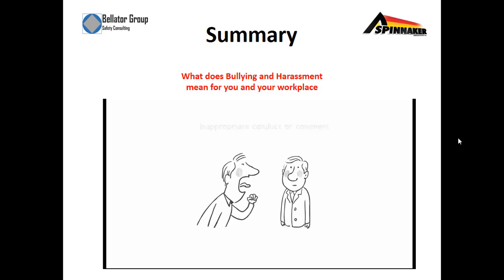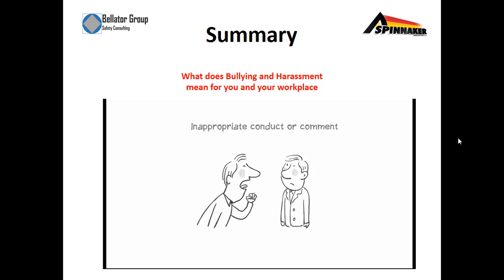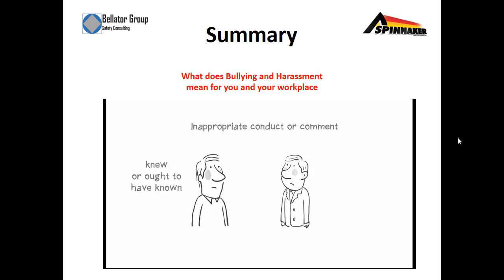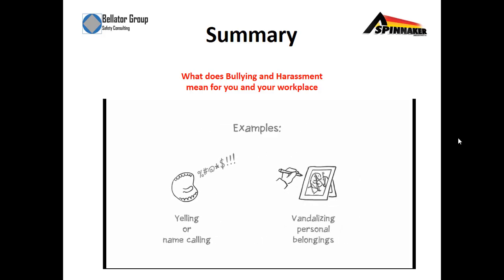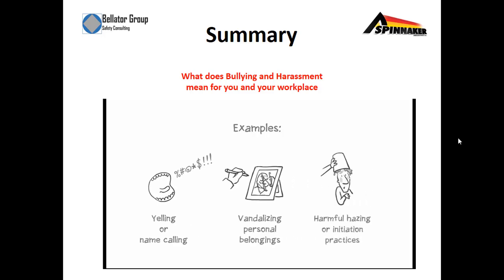It includes any inappropriate conduct or comment by a person towards a worker that the person knew or reasonably ought to have known would cause that worker to be humiliated or intimidated. Examples could be yelling or name-calling, vandalizing personal belongings, harmful hazing or initiation practices.